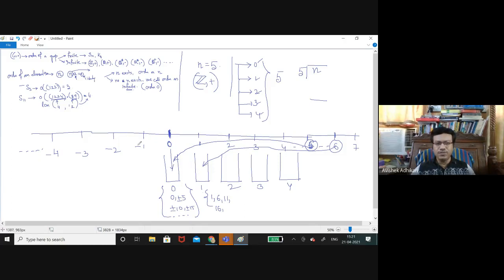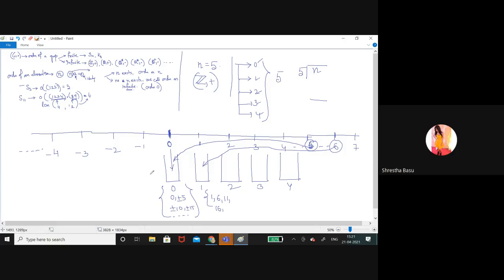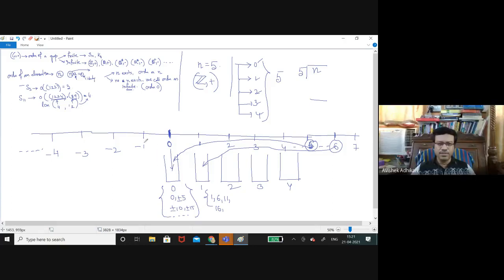Will -1 come here? Will -1 be here, or will -4 be here in this bucket?